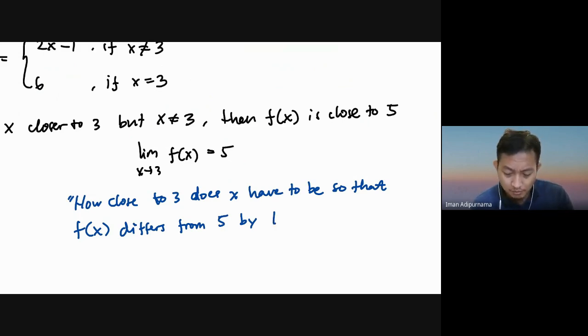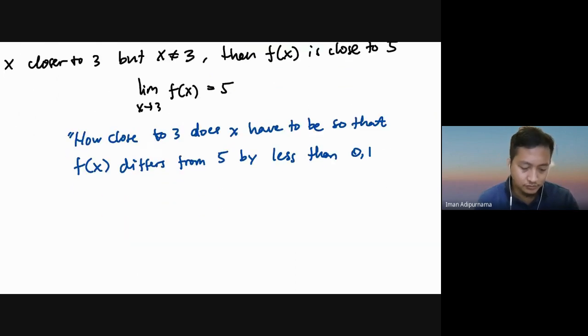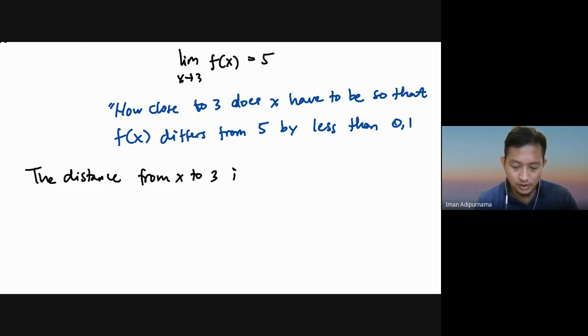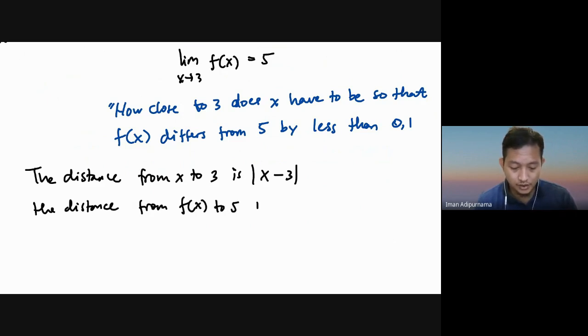The small gap is 0.1, so we need to have less than that. So, the distance from x to 3, and the distance from f of x to 5.